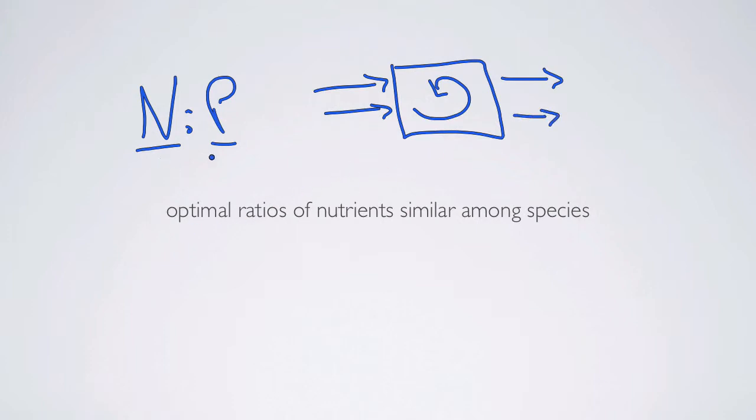So an optimal N to P ratio for a plant might be something on the order of 14. I think this is on a mass basis, which means you need 14 times the amount of nitrogen as phosphorus.